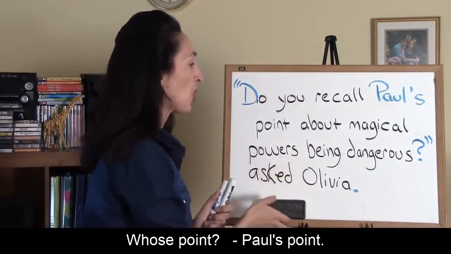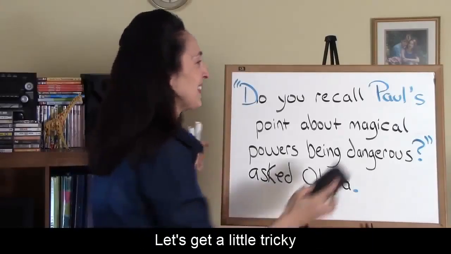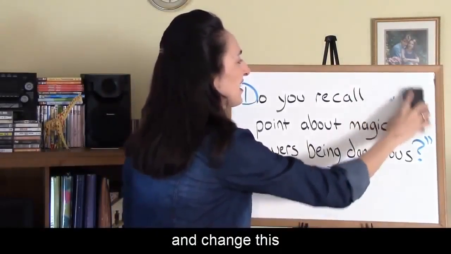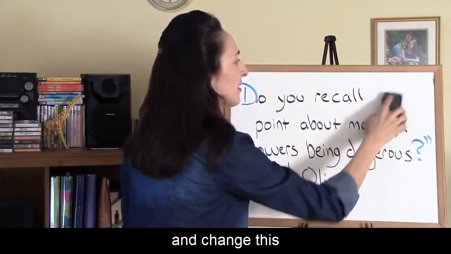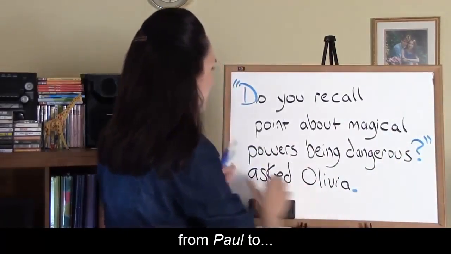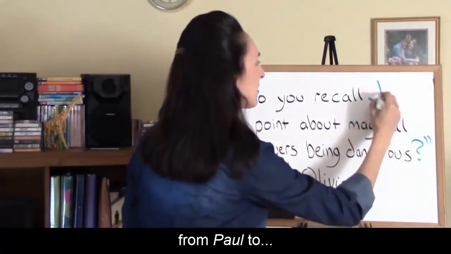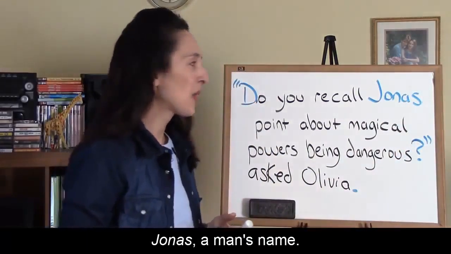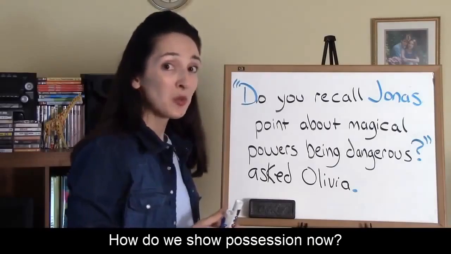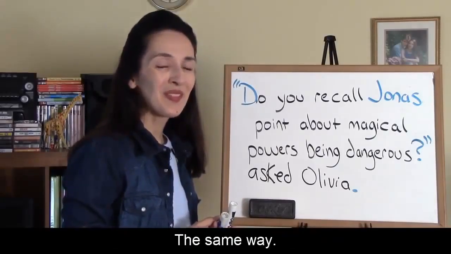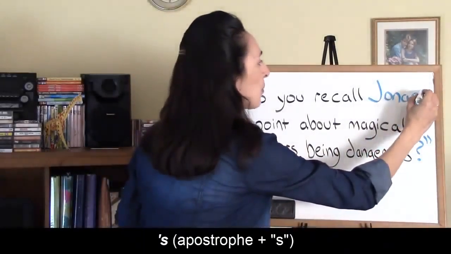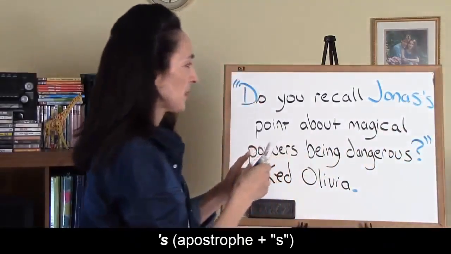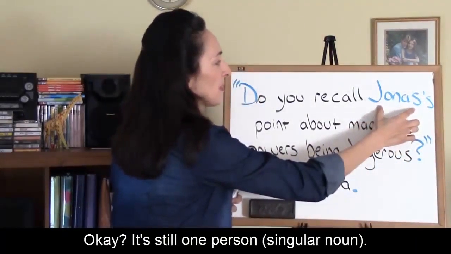Whose point? Paul's point. Let's get a little tricky and change this from Paul to Jonas, a man's name. How do we show possession now? The same way. Apostrophe S. Okay, it's still one person.